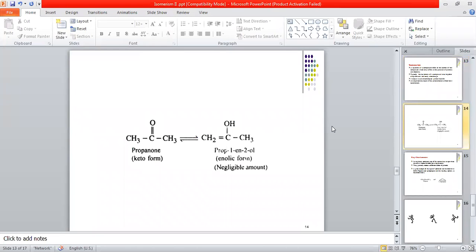Here you can see the example. In this example, this one is our ketone molecule. It is going to be converted into an alcohol molecule. CH3COCH3 will be converted from ketone to alcohol, CH2 double bond C(OH) CH3.